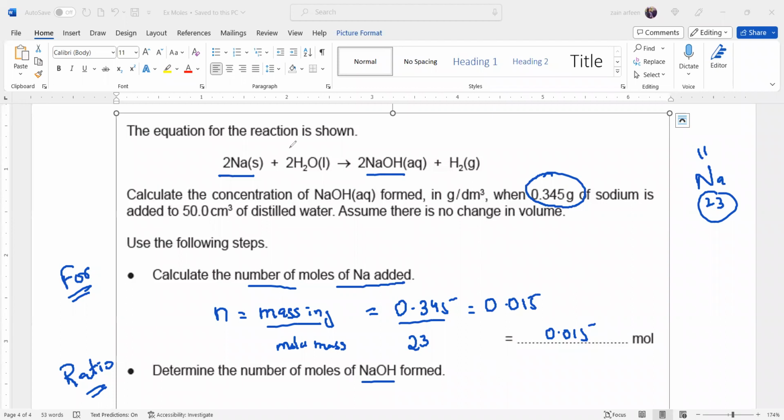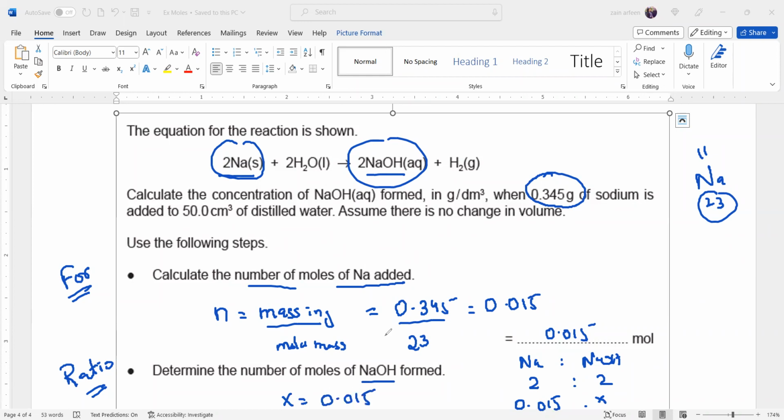You can clearly see that the ratio is 2:2, or 1:1. It's the same thing, so we'll get the same answer. When the mole ratio is the same, it won't make a difference. Like 2 moles of sodium produce 2 moles of sodium hydroxide. So if we have 0.015 moles, it will be X. So how many moles will we get? We'll get the same, 0.015. It won't make a difference.